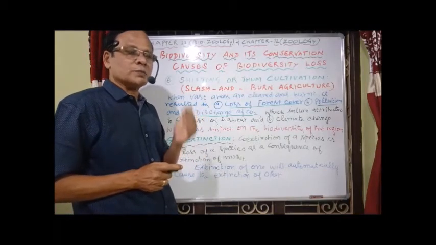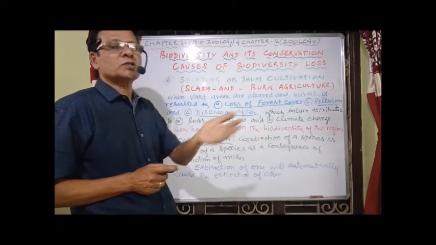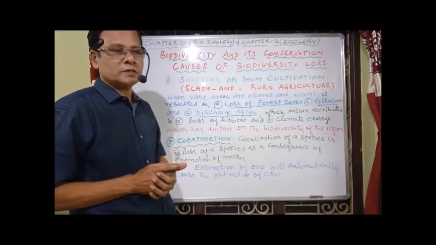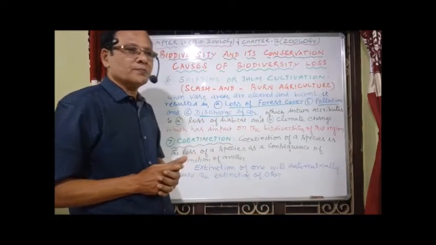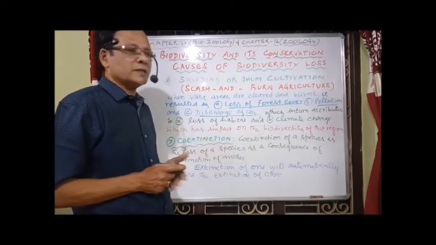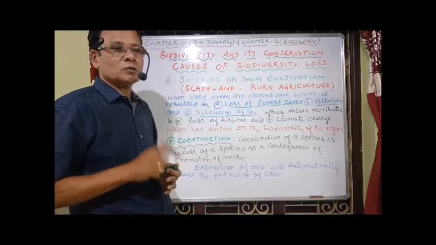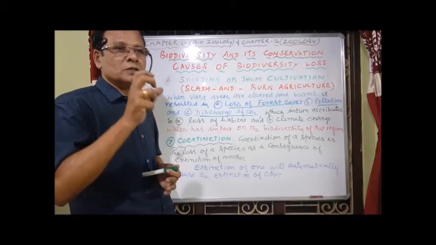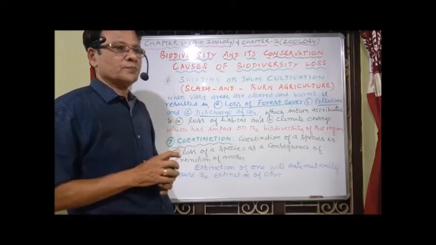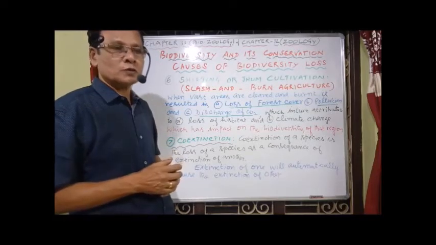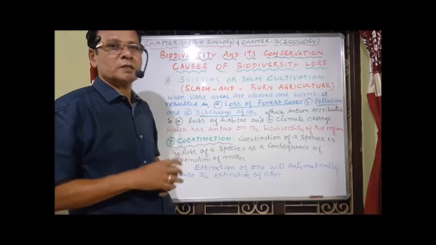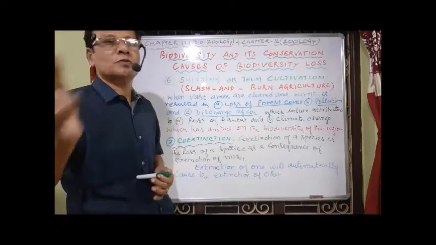Orchid bees are responsible for the pollination of the tropical forest trees. So the orchid bee is called a keystone species. When these bees die, automatically the tropical forest trees soon become extinct, because without pollination there is no formation of fruits, there is no formation of seed, and ultimately there is no formation of new plants.